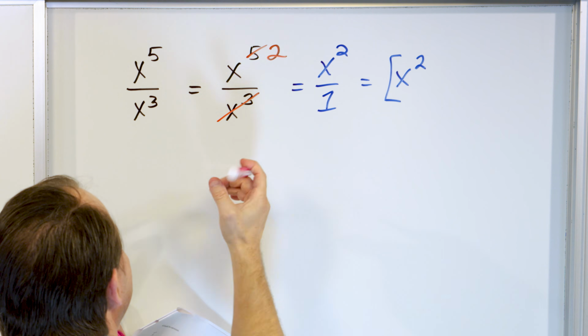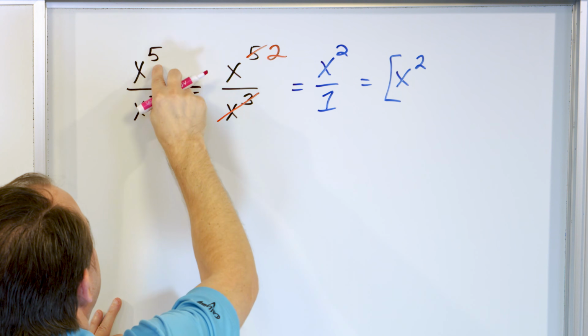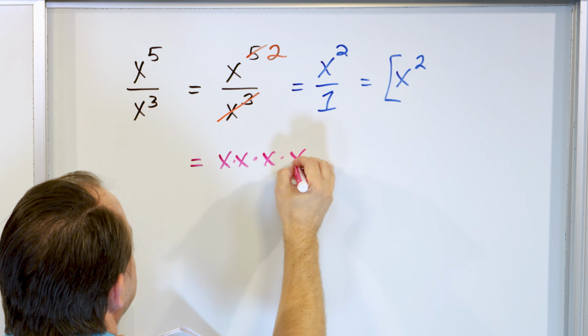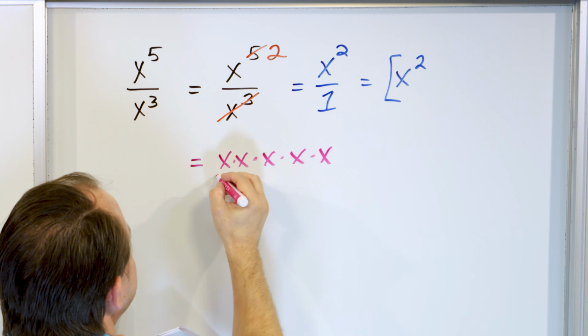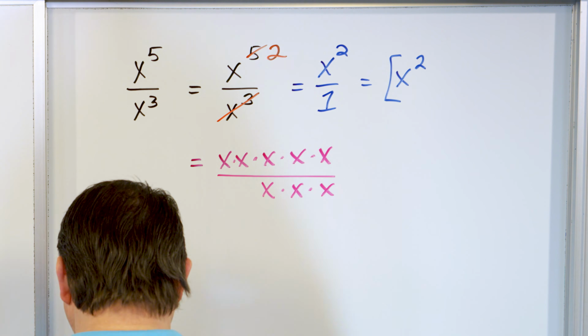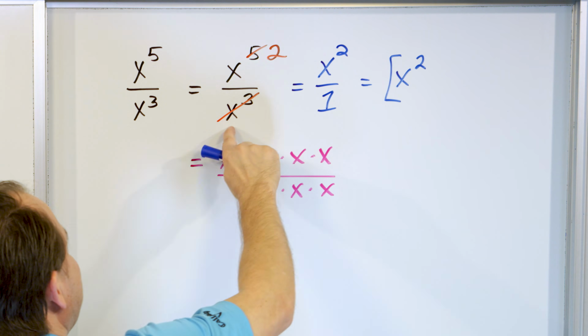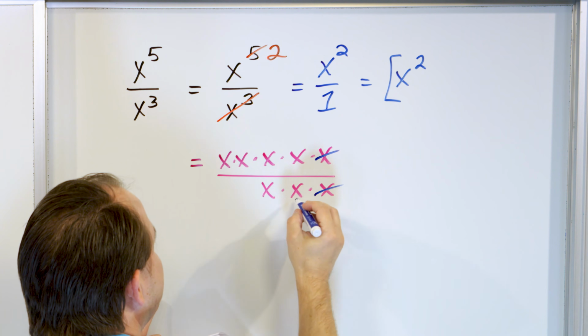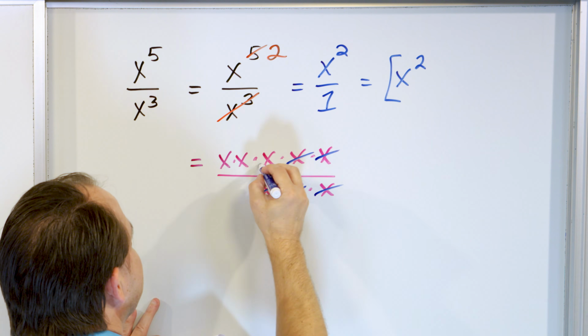And this will be the last time I write it all out, but what we had here is x times x times x times x times x. There's 5 of them. And then on the bottom I had 3 of them, x times x times x. So when we cancel this on the bottom with 3 on the top, we're canceling 1 pair of x's, 2 pairs of x's, 3 pairs of x's.